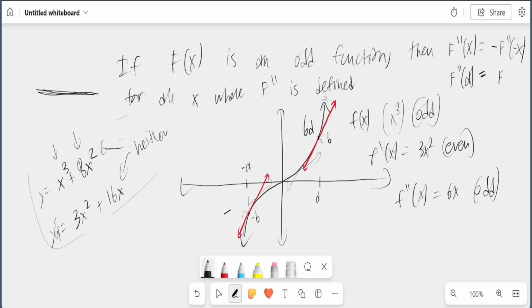Negative 6a? Yeah, so it's the opposite, right? So f of negative a, is this true that when you go to the opposite a, the concavity becomes opposite as well? That is true. So this is actually always.